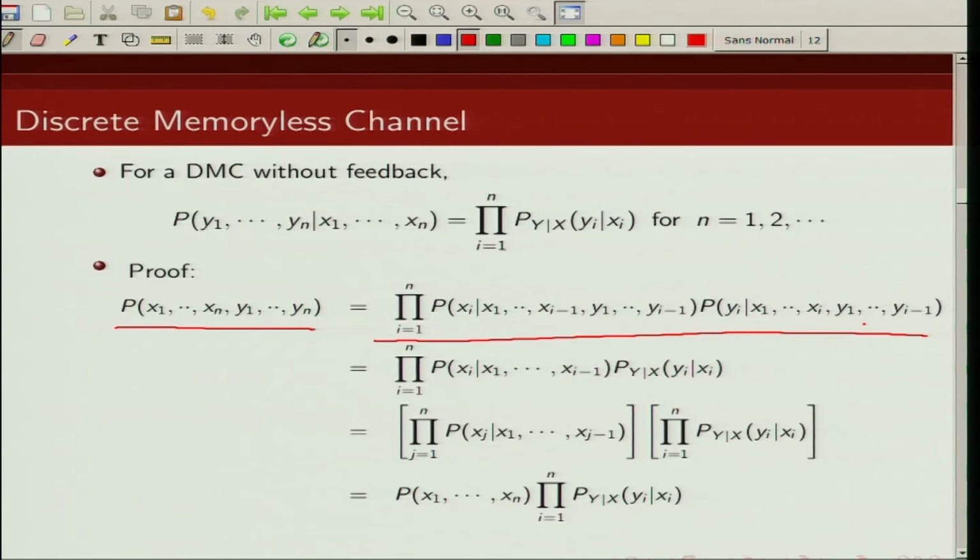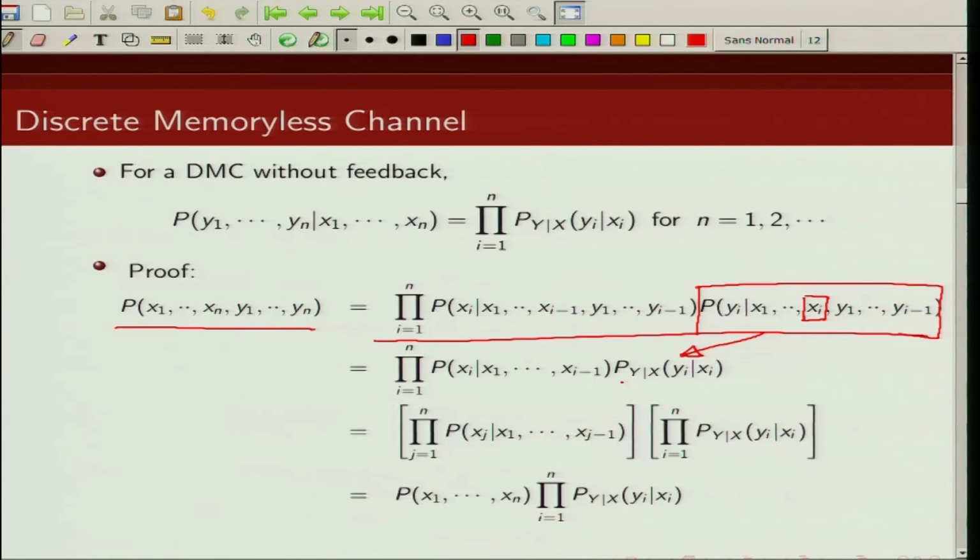Now, because it is a memoryless channel, this term is equal to this. The probability of y_i given x_1, x_2, up to x_i and y_1, y_2, up to y_{i-1} only depends on the present value of the input.